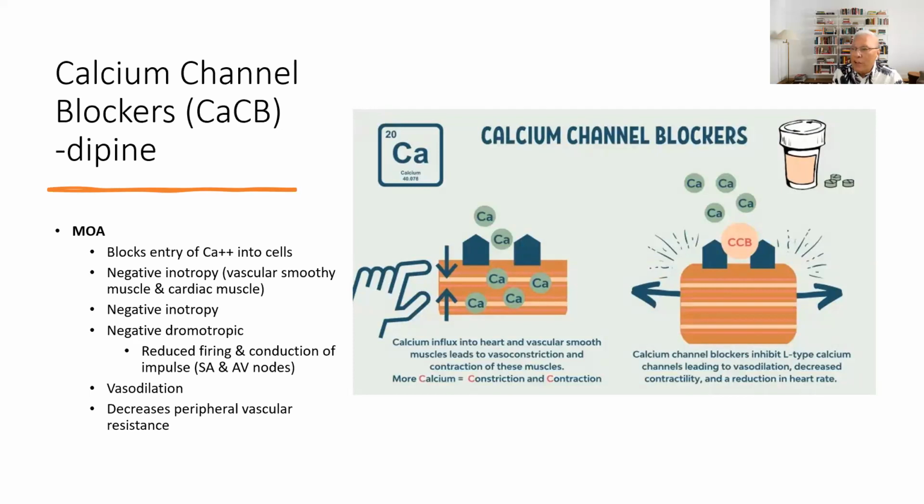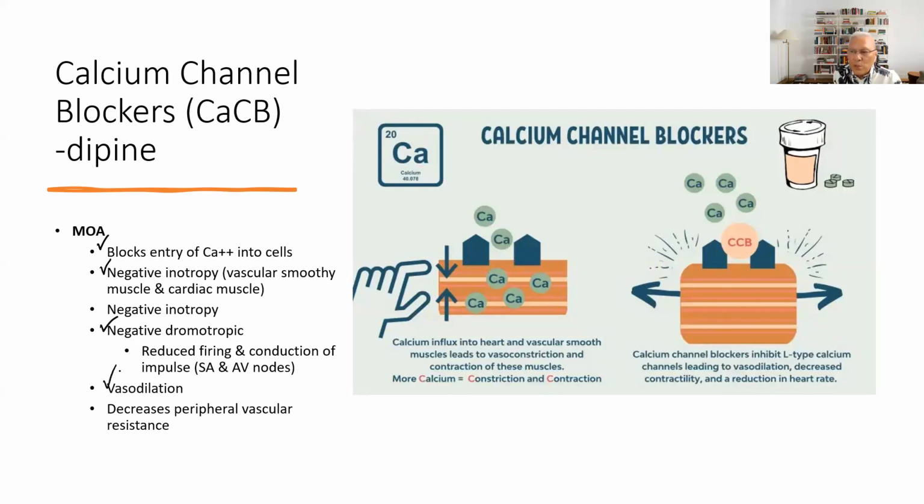So the mechanism of action, as I said, is that it blocks the entry of calcium into the cells. It causes negative inotropy, which means there's going to be a lesser contraction of both the blood vessels as well as cardiac muscle. It's going to cause negative dromotropic effect, meaning it's going to decrease the transmission of electrical impulses from the SA to the AV node.